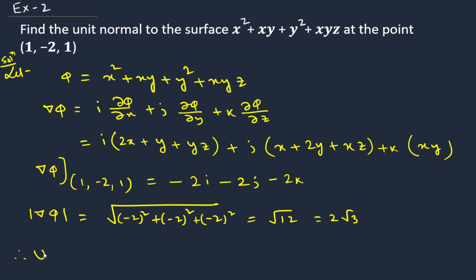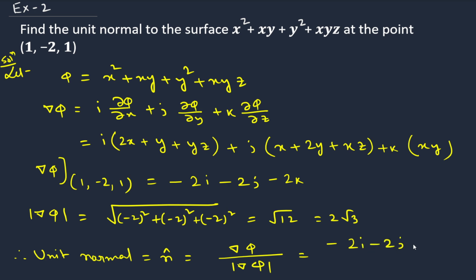So therefore unit normal is what? Nabla phi divided by magnitude of nabla phi. So it's minus, you can take minus common if you want, 2 i cap, 2 j cap, 2 k cap divided by how much? 2 root 3. Okay, so you can cancel 2.